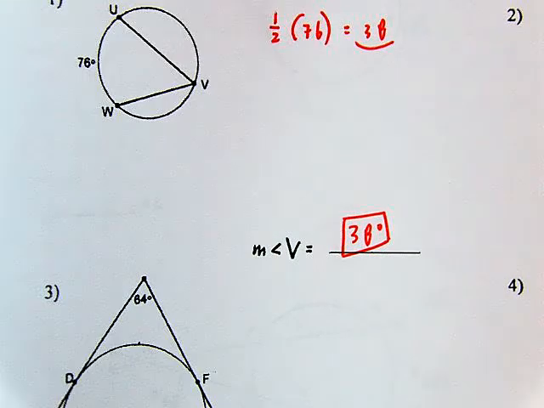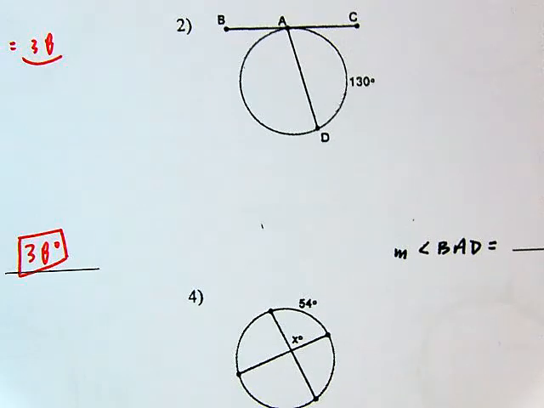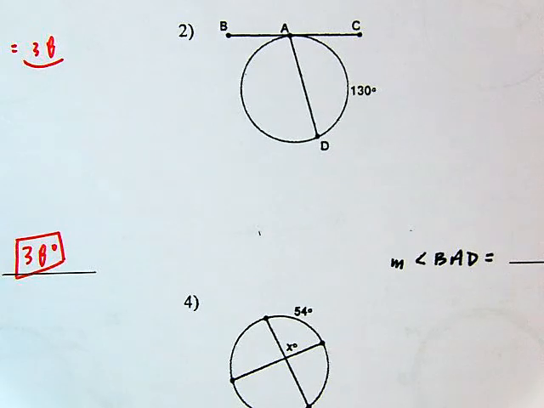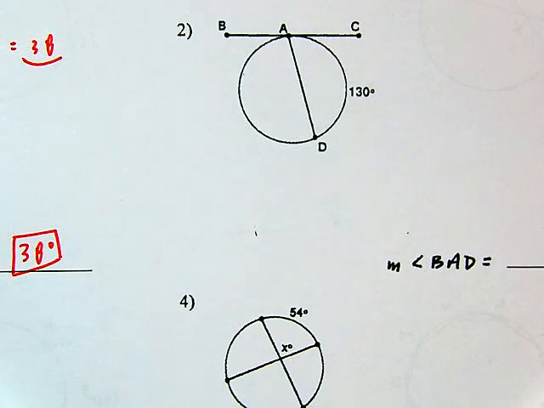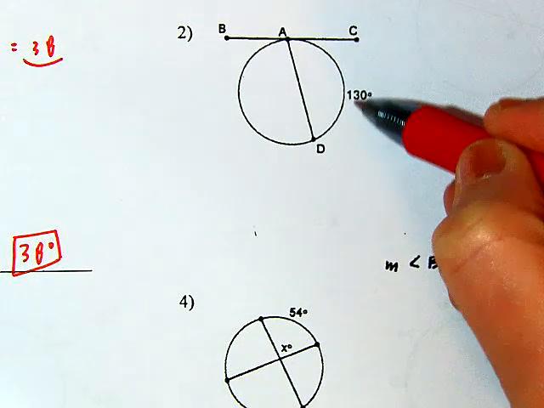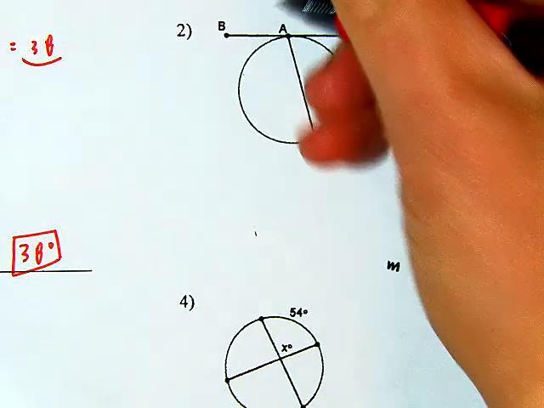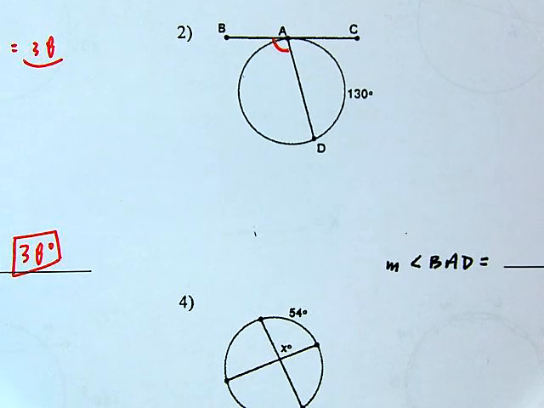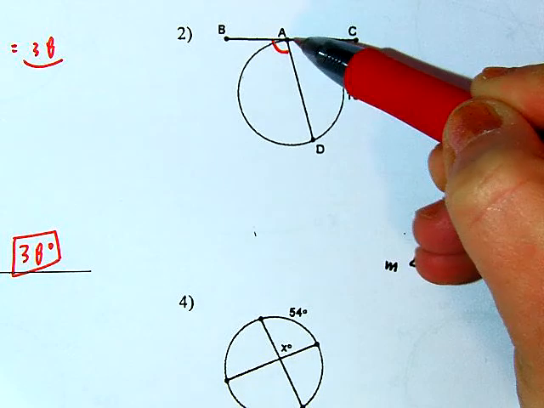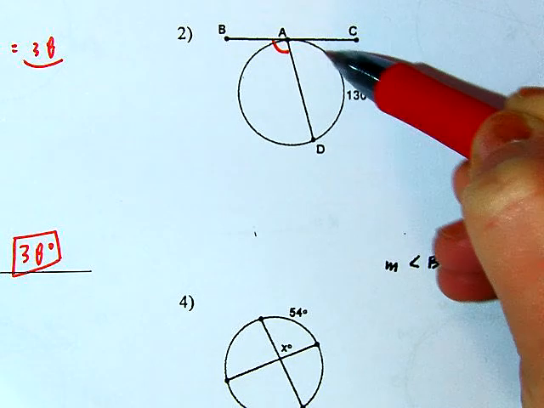All right, problem 2. So here we want to get to angle BAD. So I want to get to this one right here ultimately, but what I have marked is this part right here at 130. So I'm just going to keep my eye on the prize. I want to get over here. I want that angle. So 2 ways I can build towards it. I can see that this arc is 130 degrees.